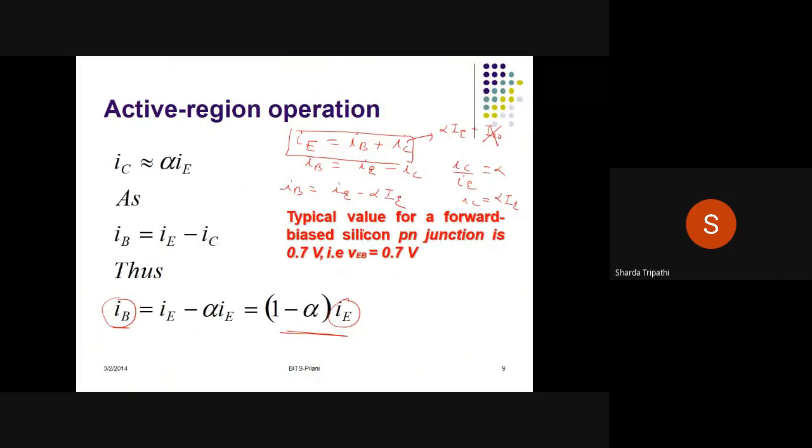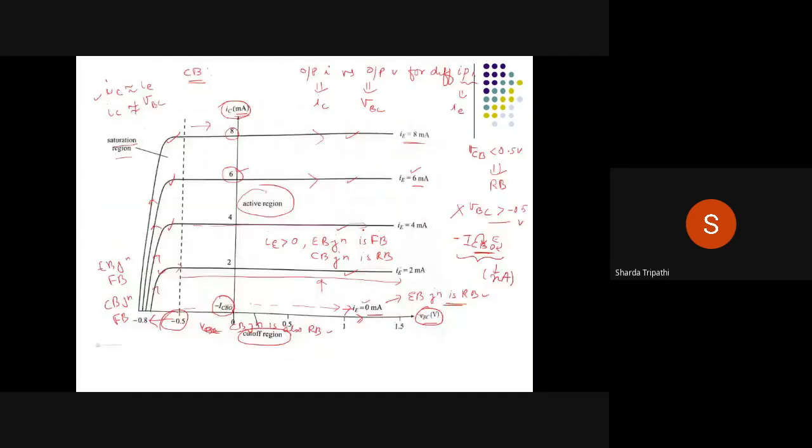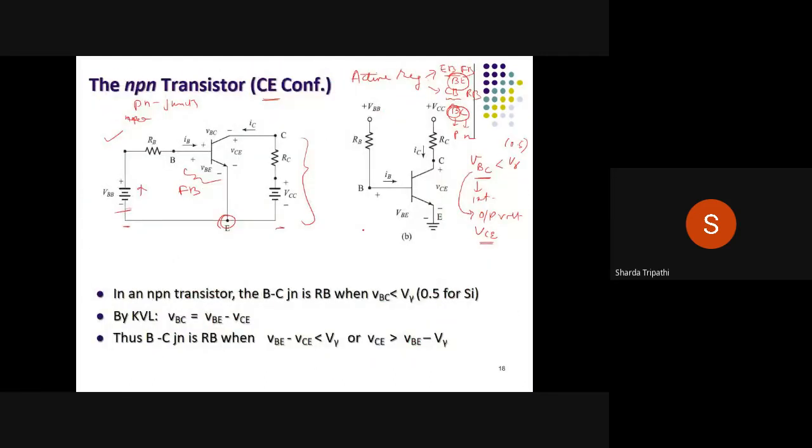If VCB is less than 0.5, VBC will be greater than minus 0.5. That was one straightforward way. But here we need to do some readjustments so that we can translate this condition of junction voltage in terms of output voltage.